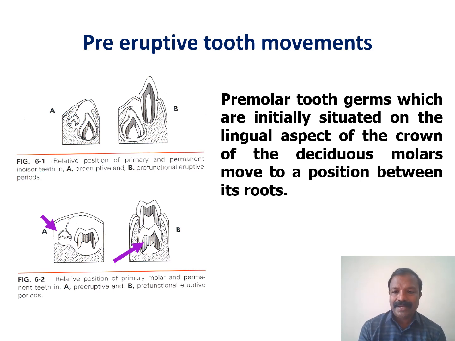In case of mandibular molars, they begin their development within the ramus region, and its occlusal surface is faced mesially, and later on it also moves to occupy its position, and the occlusal surface is facing the occlusal plane.